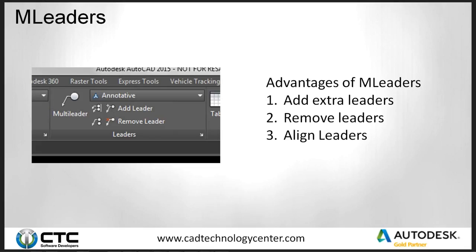Pain in the butt. So adding extra leader lines is nice because, and you'll see this, if I'm on the right side of the text, it will actually establish the leader line connection to the right side. As soon as I get to the left side of the text, it will adjust the leader to be on the left-hand side. And if I can add a leader line, I can also remove a leader line.